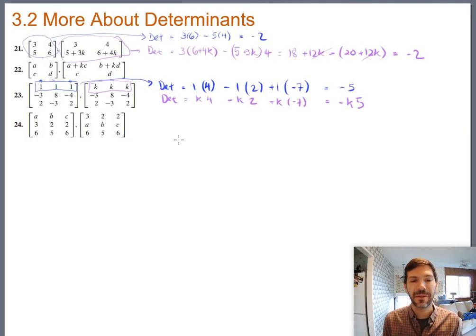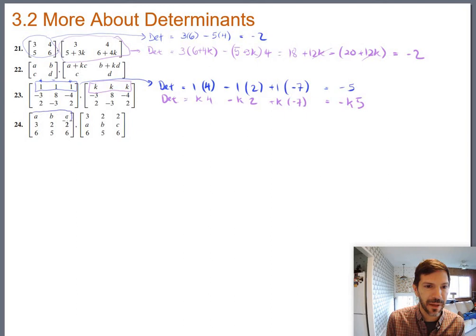So that's easy enough. And then for the last one, where they have swapped two rows, they had A, B, C in the first row and 3, 2, 2 in the second, and then they swapped it in 24. I'm maybe not even going to do the whole determinant here, although it wouldn't be hard.